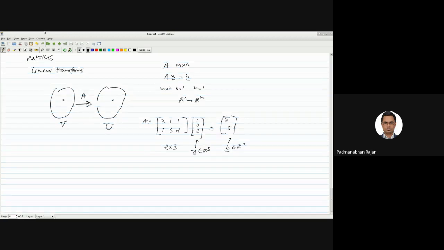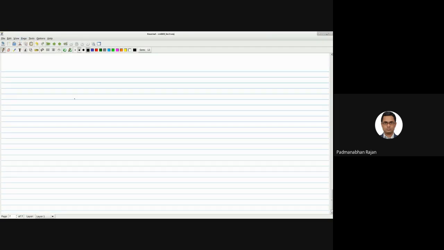Another useful result, again in the same topic, when we restrict ourselves to square matrices, is transformations of the form AX equal to lambda x. In this case, A is a square matrix.